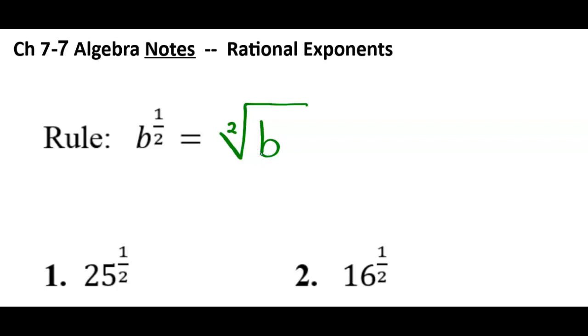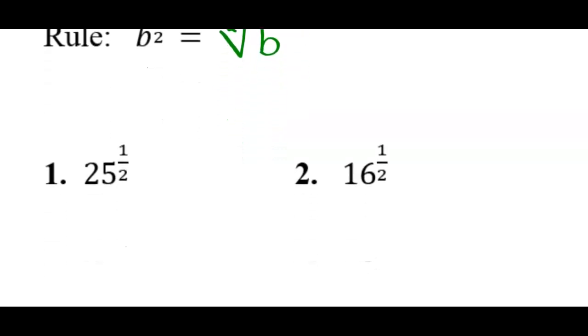So the square root of b and b to the 1/2 are the same thing. Now we want to use that rule, and we want to look at 1 and 2 here. So we can rewrite anything to the 1/2 power as whatever's underneath here under our radical sign.